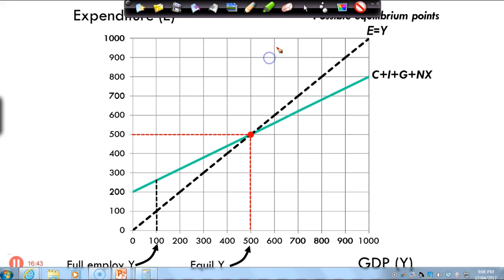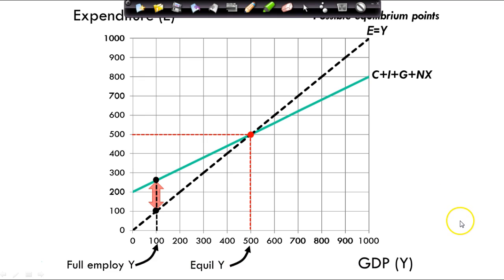But in doing so, it will generate inflation. So again, here's one of the gaps. We call this gap, where expenditure is higher than income, an inflationary gap, because the economy will tend towards the equilibrium, and it will tend to push prices up, create inflation.